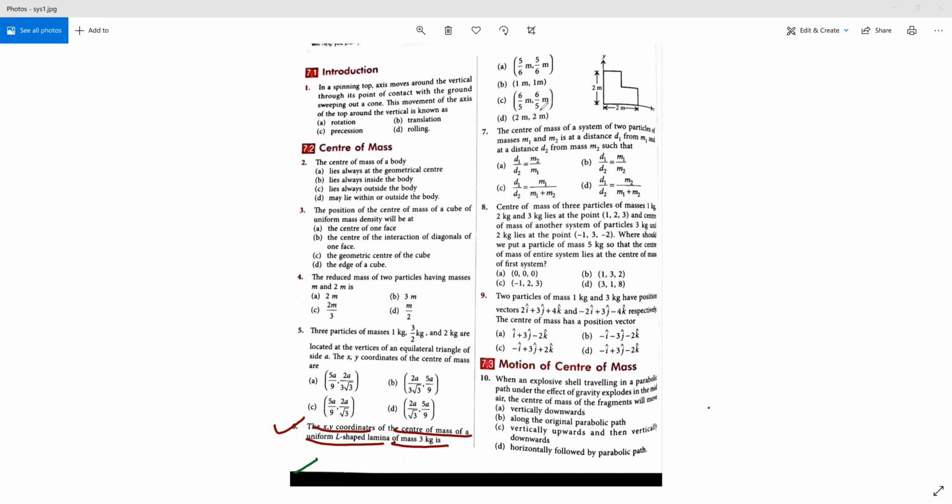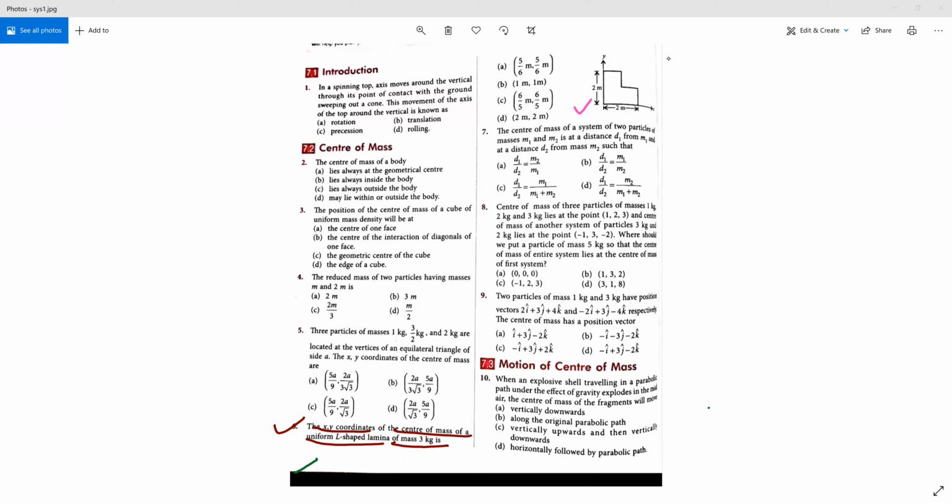This is the shape of the lamina, and 4 options they have given: first option 5 by 6 meter, 5 by 6; second option 1 meter, 1 meter; third option 6 by 5 meter, 6 by 5; and fourth option 2 meter, 2 meter.